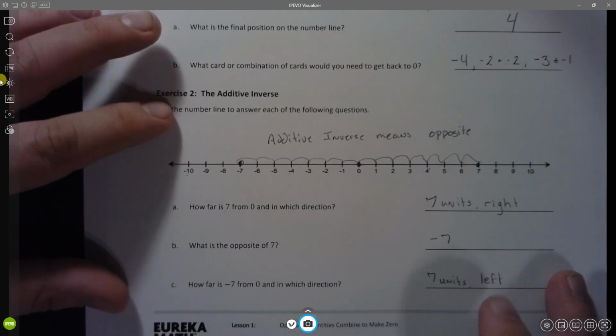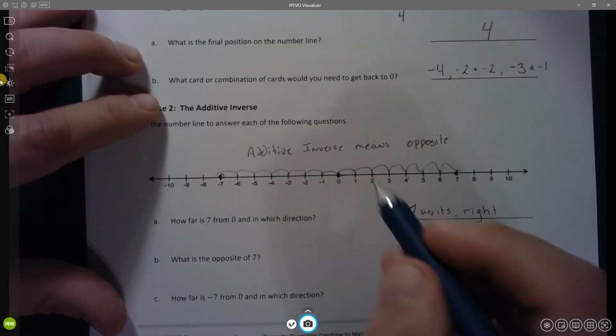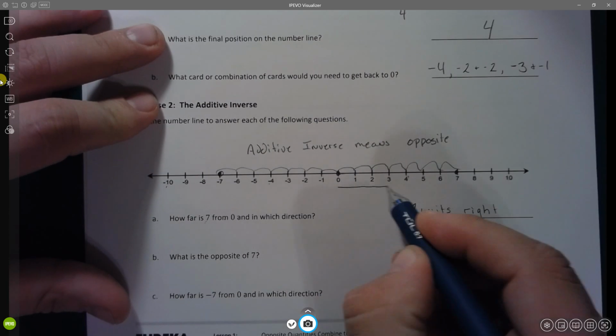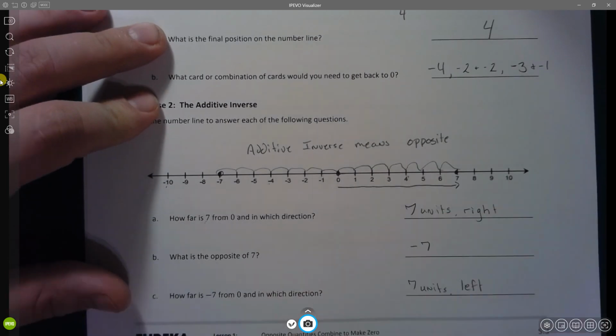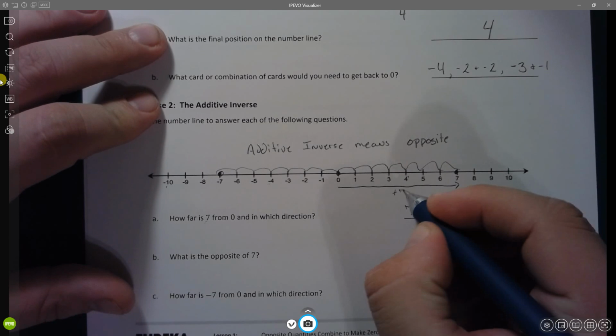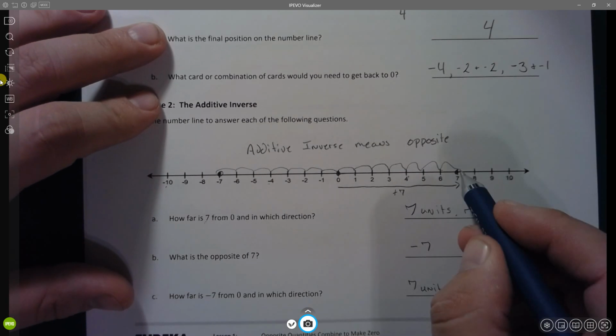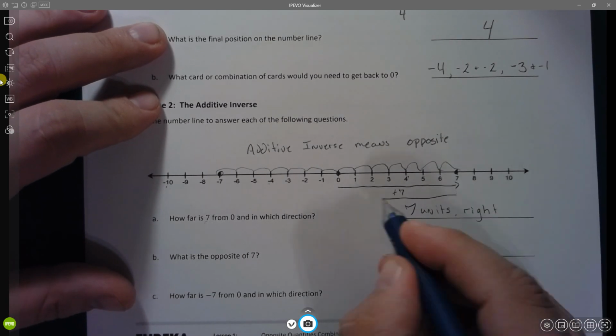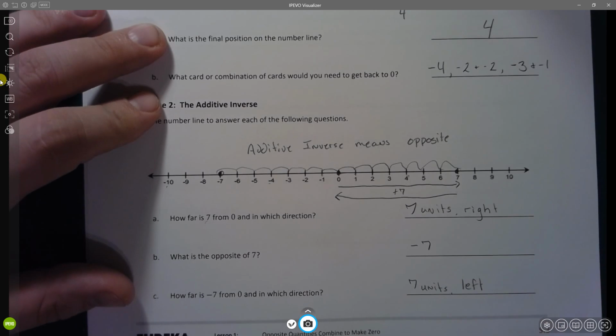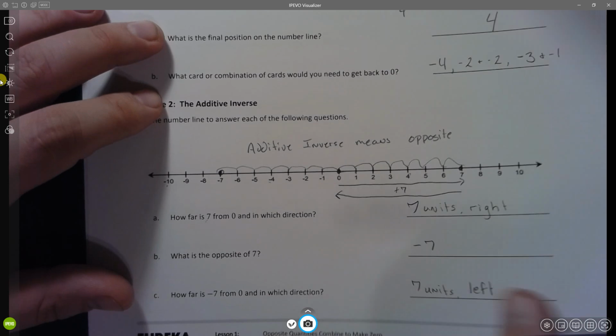Here we go. So if I started doing the counting on method, we went 7 units to the right, that's a +7. If I started at 7 and then went 7 units to the left, where did I end up? We'd end up at 0.